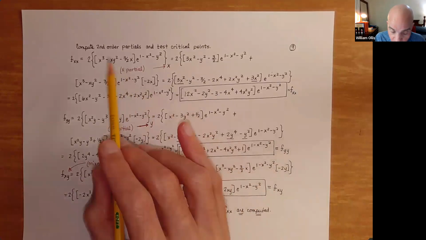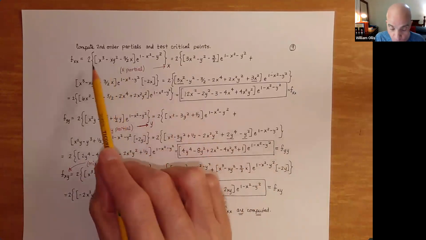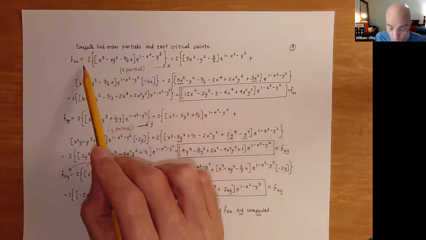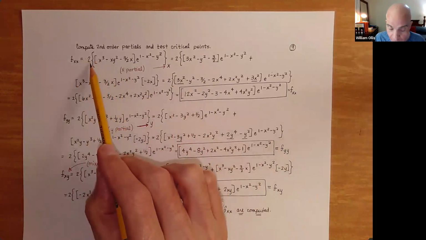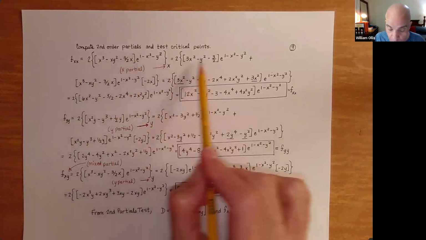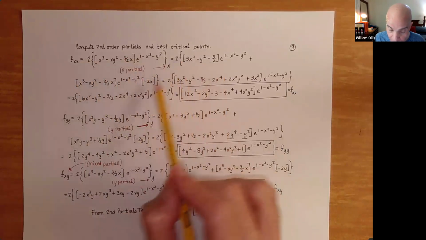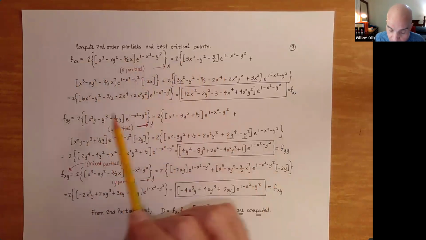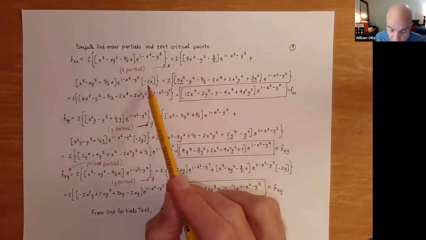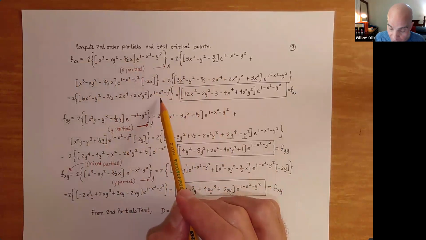So what we do is we take the derivatives that we've already computed, the x partial, to take the second x partial. Again, we have the 2 factored. So again, we just do the same procedure where we do the product rule. Again, just like we did before, notice 2 is multiplying both of these expressions. Now, at this point, we want to be able to utilize the fact that we have a common exponential factor.